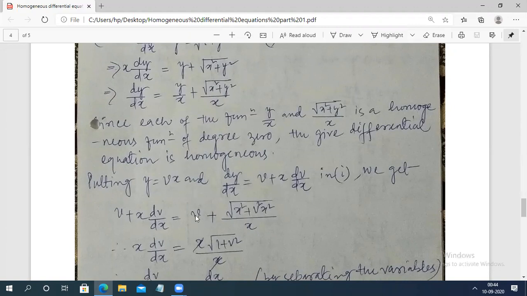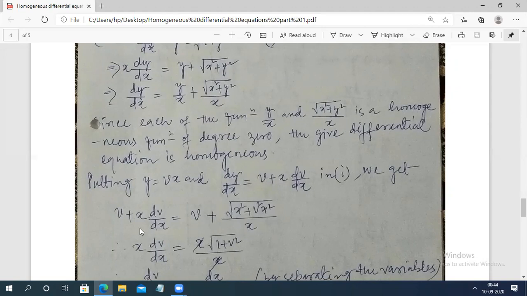So in place of y by x you have to write v plus root over x square plus y square, in place of y square write v square x square, and in the denominator x.